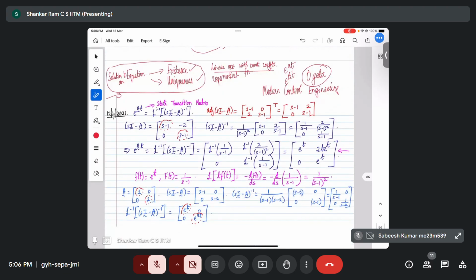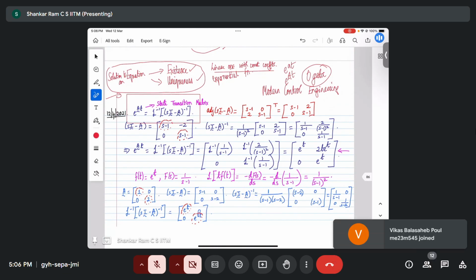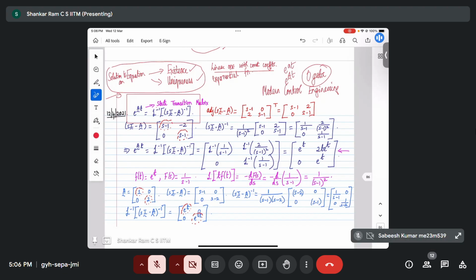For that, we use the formula which we have already derived. e power at, for any general state matrix A, can be calculated as Laplace inverse of (sI minus A) inverse. That is the equation we need to use.